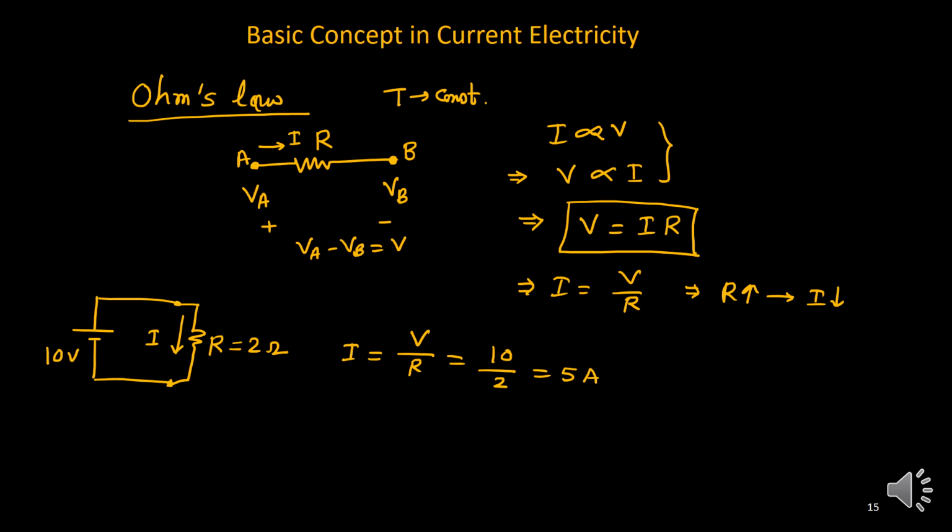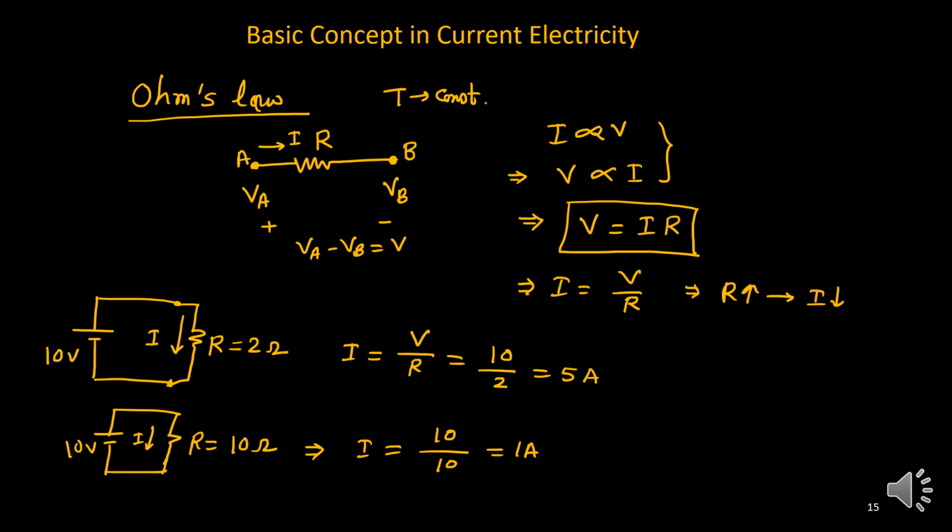You can see that if I increase the resistance value, with the same potential, say one resistance R equals 10 ohm and the same 10 volt, then the current I is simply 10 volt upon 10 ohm, which is only 1 ampere.